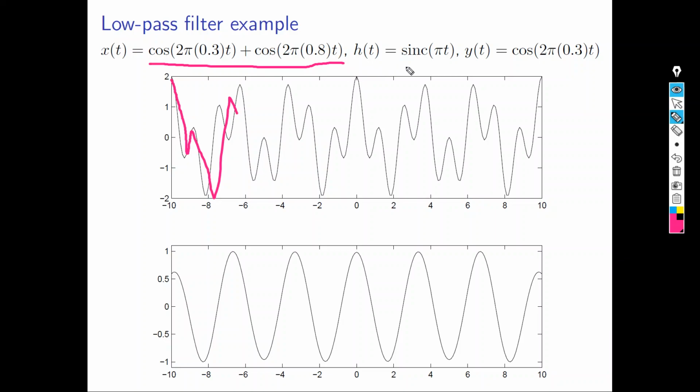And h(t) is your filter, sinc(πt). You draw it in time as well. It's like this. I want you to find the output y(t). What do you do?